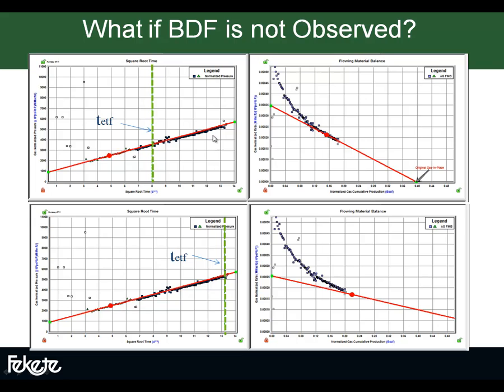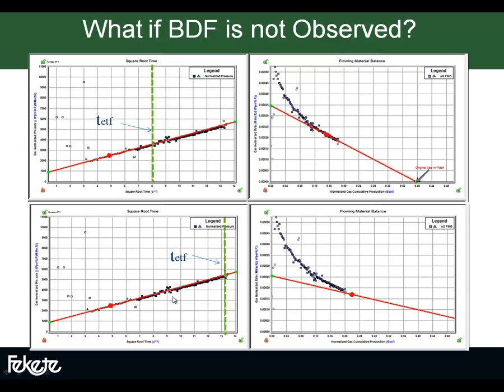The picture shown on top is probably going to be too pessimistic because it's assuming that boundaries were reached way back here when it's clear that we're still in transient flow even beyond that point in time. So it's important to use these two plots together and get some sort of consensus as to what we believe is going on.